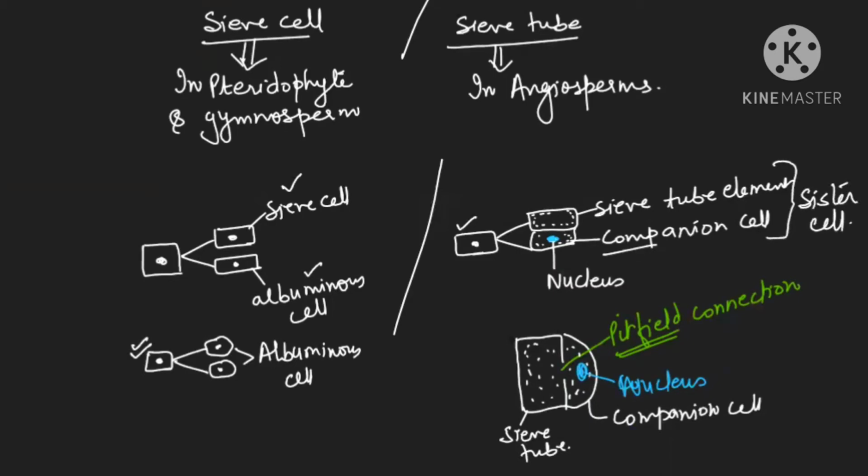Is it clear? Now let me explain how the sieve cell evolutionarily becomes the sieve tube. Try to understand, this is one sieve cell. It is a little bit long and narrow, and here they have sieve pores. I'll not say these are pits.